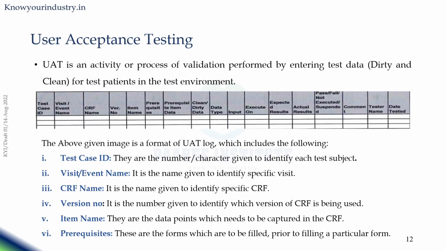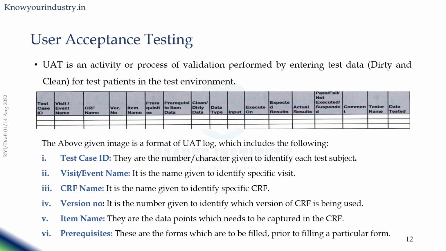Every test case is identified with a reference ID, which is a number or a character to identify each test subject with its unique test data. Then the visit name or event name, under which it comes. CRF name is the form in which it is tested. Version number is the CRF version number which is used. Item name is the question prompt.